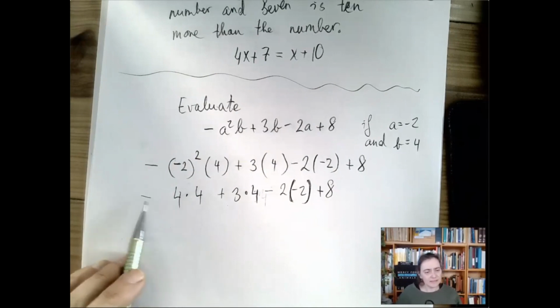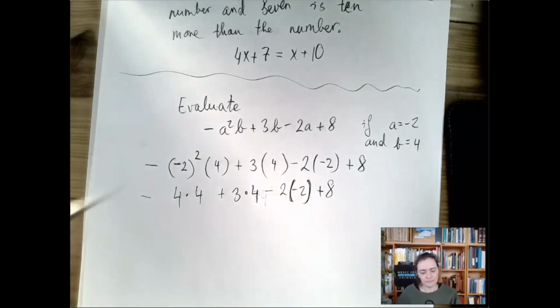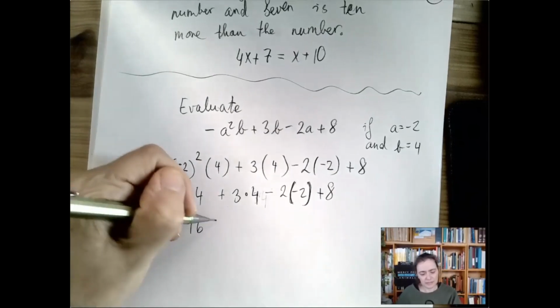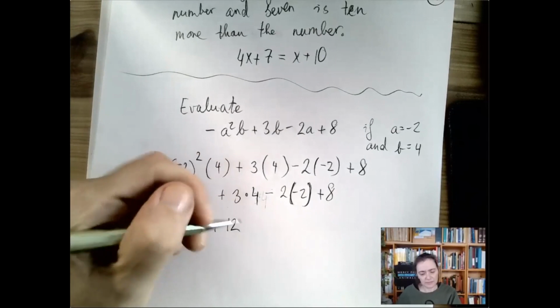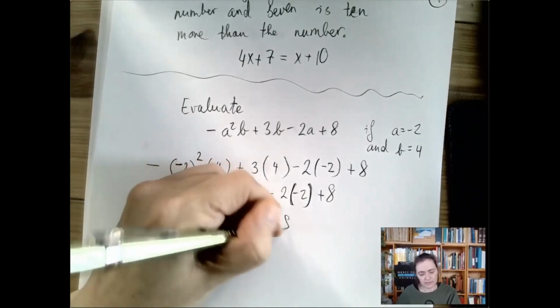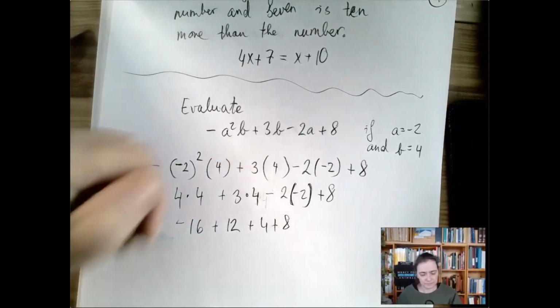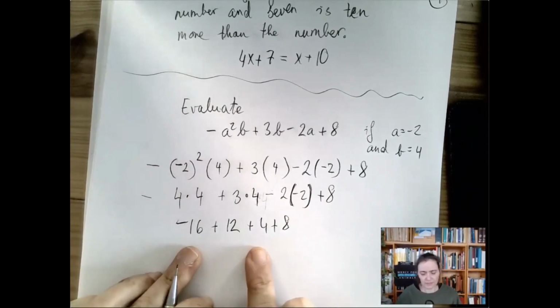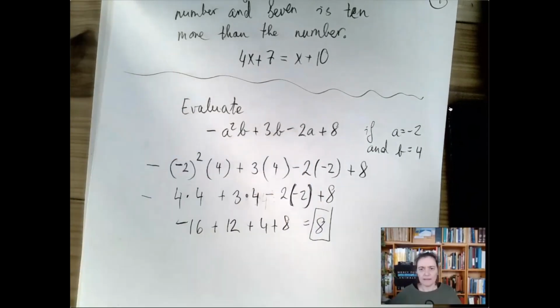I guess, is it -4 times 4? Well, either way, it's -16 plus 12 plus 4 plus 8, right? And this is 0, so this is 8. And the thing is that for different values of the variable, this expression has different values.